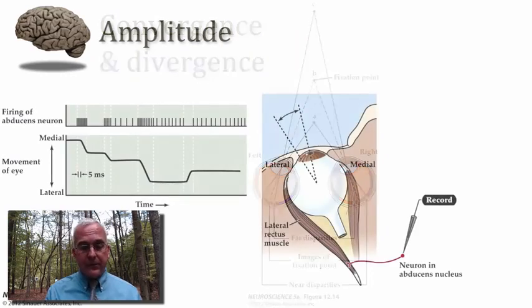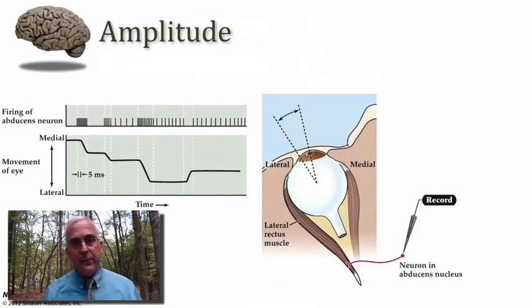So concerning amplitude, the amplitude of movement of the eyes is encoded in the rate and duration of activity in the appropriate alpha motor neurons. So this is illustrated in the panel here to the left.